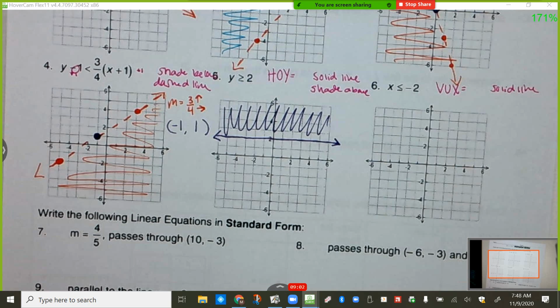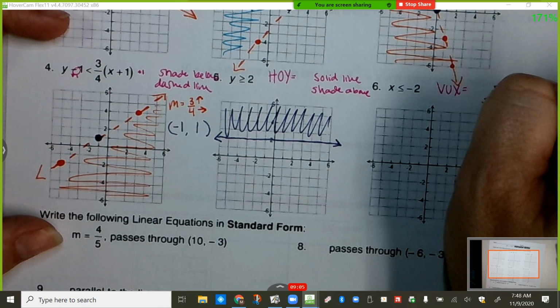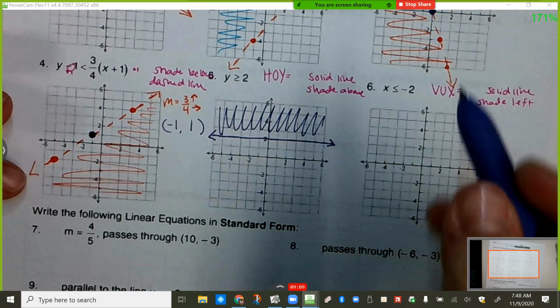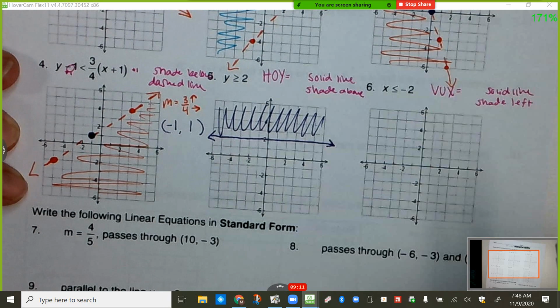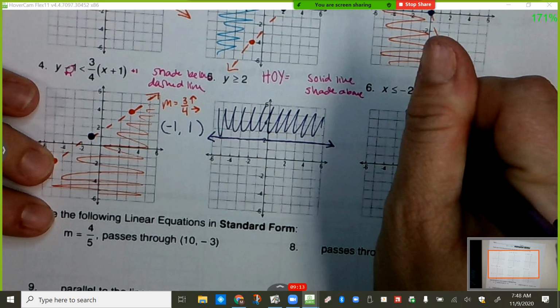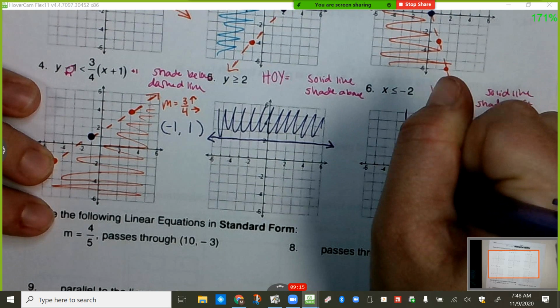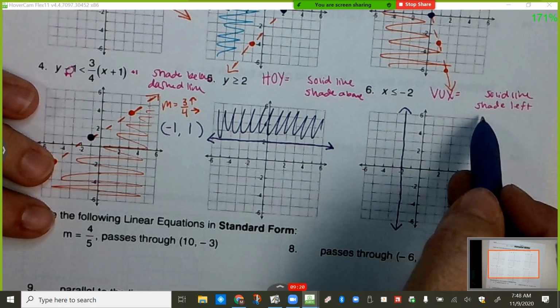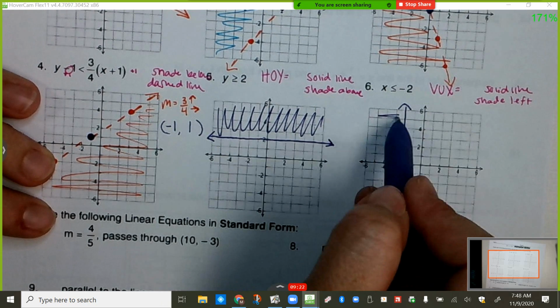To the left. So we're going to shade left. So this says x is less than or equal to -2, so it's sideways -2 with a solid line. And we said we're going to shade on the left because it's less than.